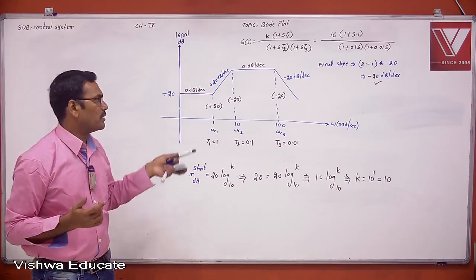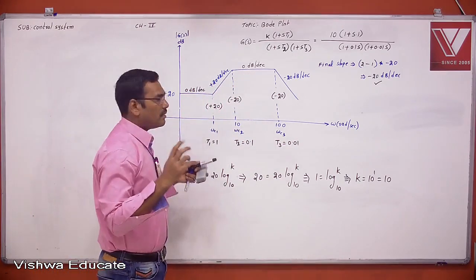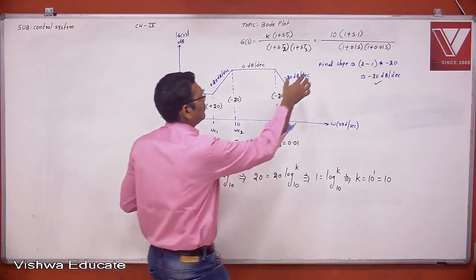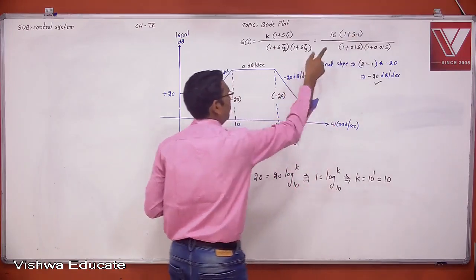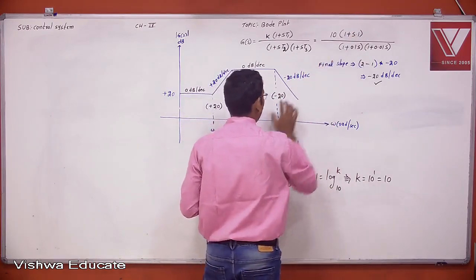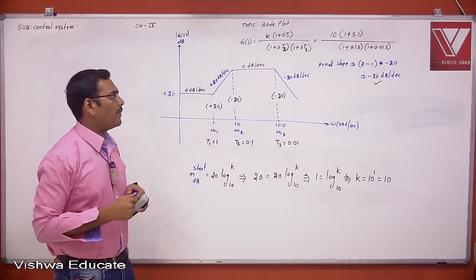Okay. Options are available. Transfer function is available. In the examination, if you don't do it like that, all 4 options are available. Check whether the final slope is matching or not, or the slope of the line between 2 corner frequencies, and you know how to get the answer directly. So like that you can apply it and get the answer.